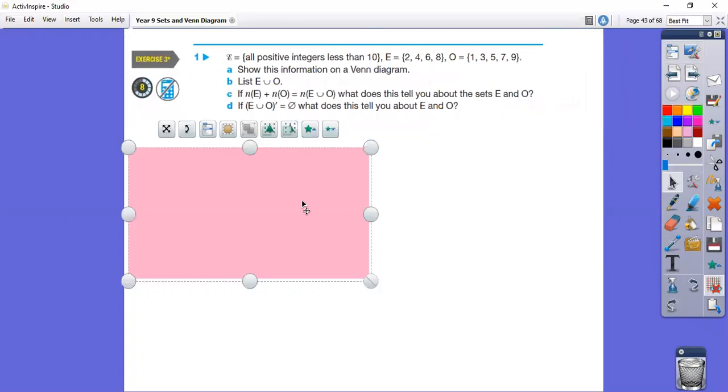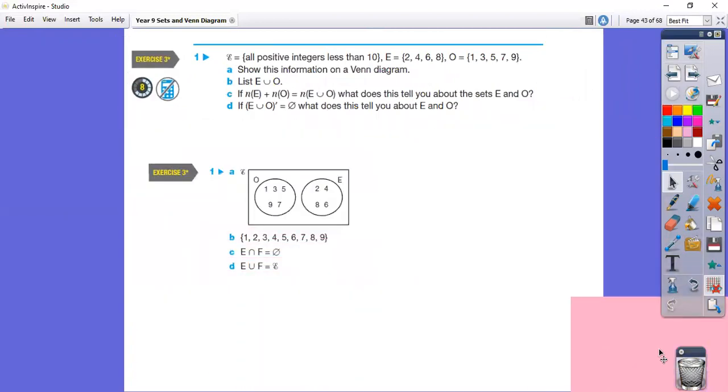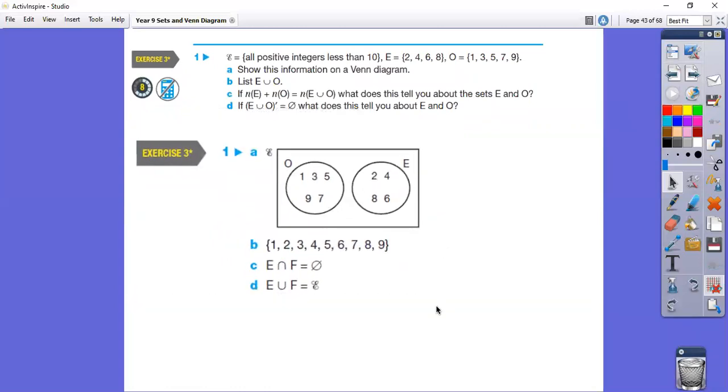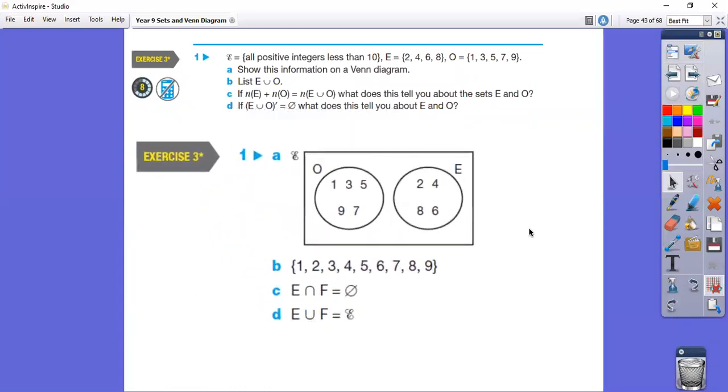So, okay, if we look at the answers, the universal set, the Venn diagram, is like this. Here are the elements for O, which as you can see are the odd numbers, and here are the elements for set E, which are the even numbers.